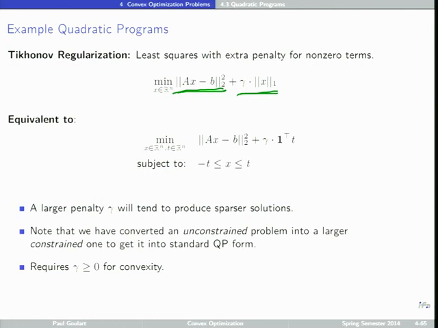I can remodel this problem in exactly the same way as before. I take the one norm component, rewrite it in terms of an upper bound vector t, and then try to squeeze the element-wise upper bound on x. I might want to do this if, when I solve my problem, I find that x has a few really big terms.